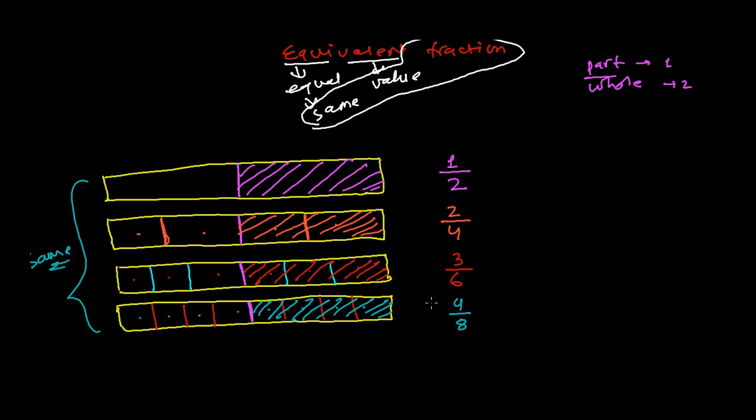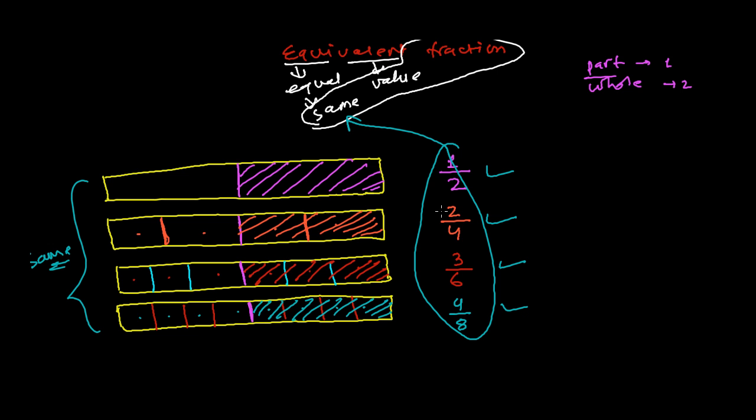Can you tell me now how much chocolate I have actually eaten every time? Here I ate half a chocolate, here I ate 2 by 4 chocolate, here I ate 3 by 6 chocolate, here I ate 4 by 8 chocolate. But all these fractions have the same value, because they all represent the half.